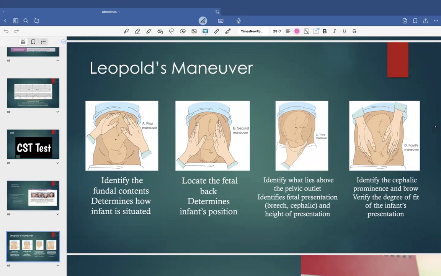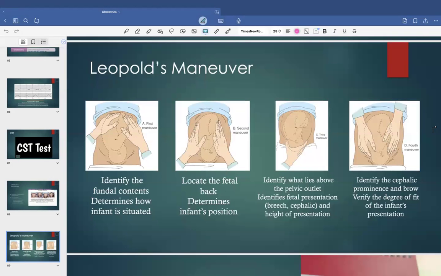For the first maneuver, we're identifying the bundle contents, determining how the infant is situated. Is it hard when you feel it, or is it squishy like a butt? That tells you the position of where the baby's sitting in there. Second, both hands are going to go around to check the fetal back.